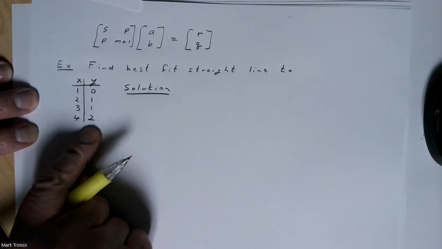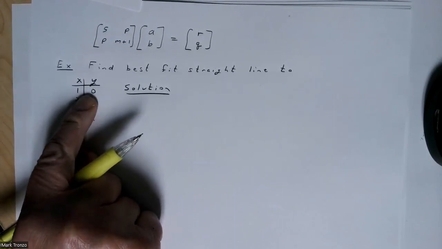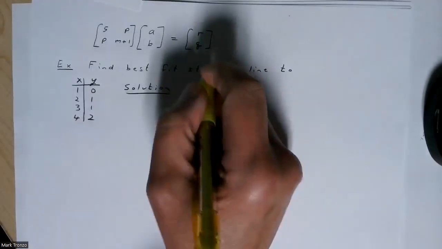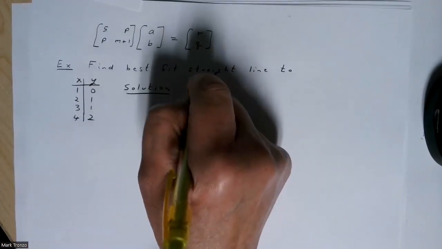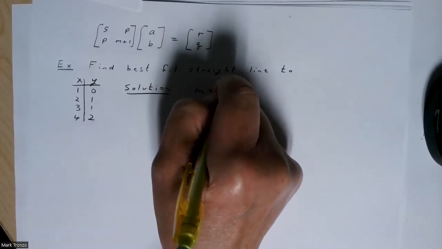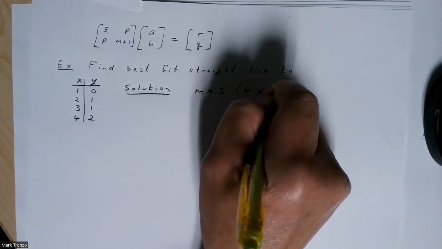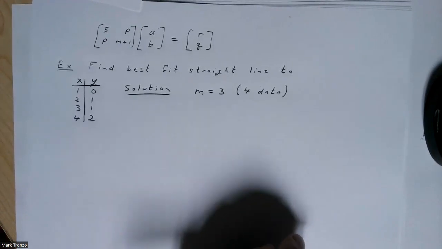Now notice, according to the notation we had before, we were going from 0 to M. So here, this is going to be our 0 point. So we have M equal to 3. And we have 4 data points, because remember, our total data points are M plus 1.